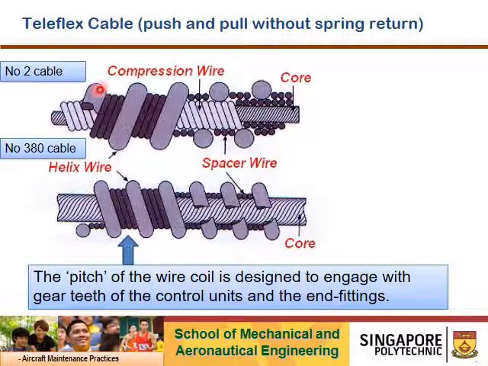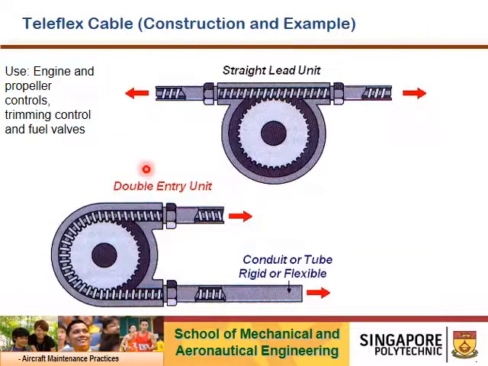Then the Teleflex cable does not require a spring return, but a special pitch of wire coil is designed to engage with gear teeth. So you need a system where the cable runs through this. It can be a straight lead unique gear system or double entry. So you only have one cable run.